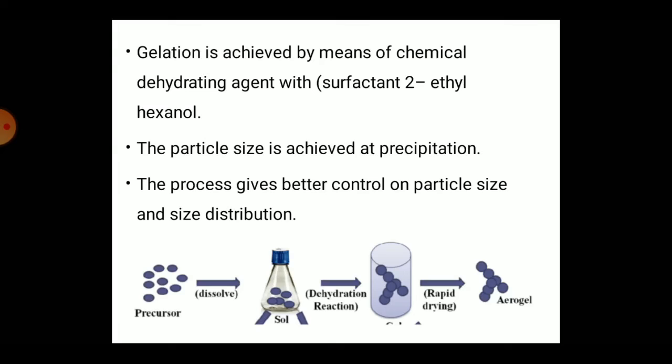Once gelation is achieved, you can achieve your particle size by rapid drying. In the end, you get your aerogel, that is your nanoparticle, at whatever composition or size distribution is required. So this is about the Sol-Gel method of nanoparticle synthesis, which is a chemical method.